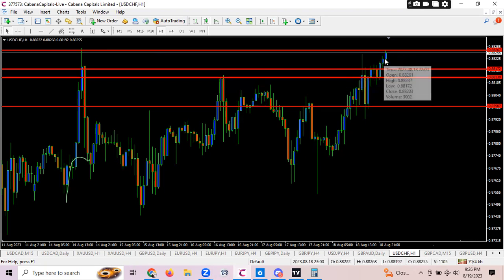So you should wait for a bearish candle to close below this support before you consider selling. You cannot jump in and start selling at the current market price. The bulls are still in charge. So before you start selling, you should wait for a candle to close below this support.